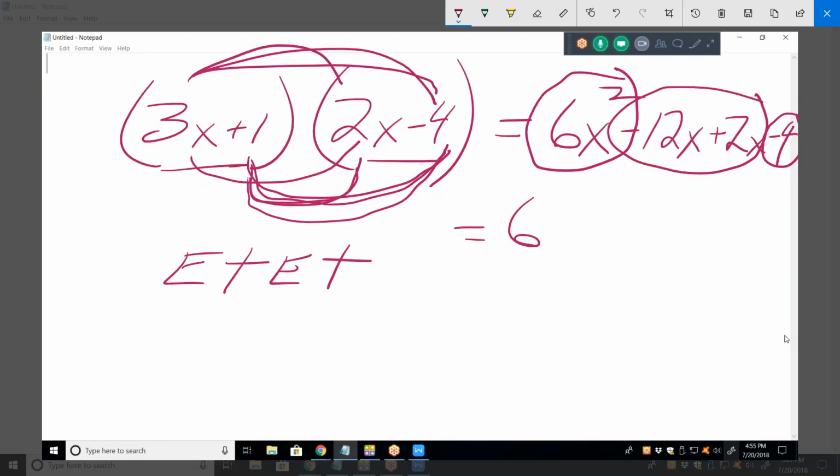So when I combine everything, what's minus 12x plus 2x? No, minus 12 plus 2. Oh, sorry, I thought you said something else. Negative 10x. Yes, negative 10x.